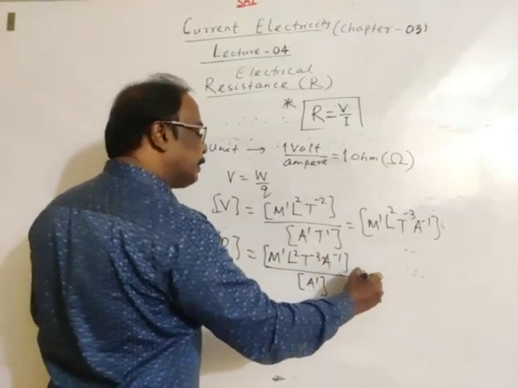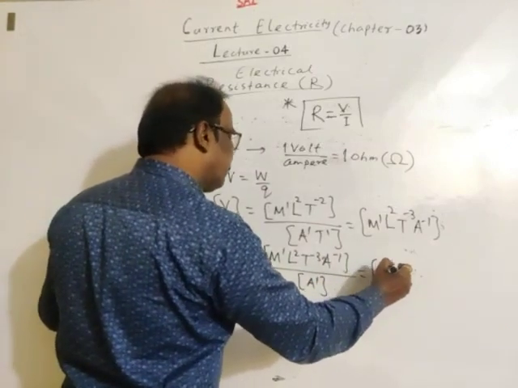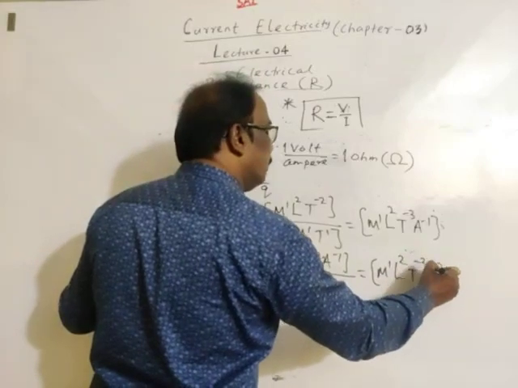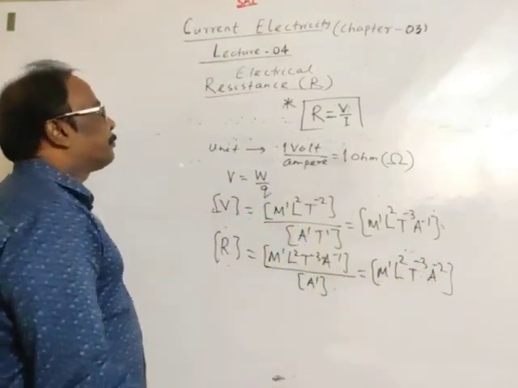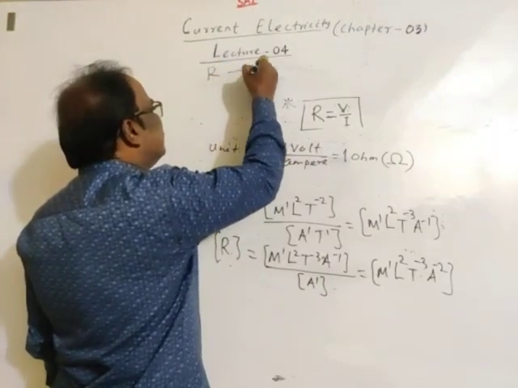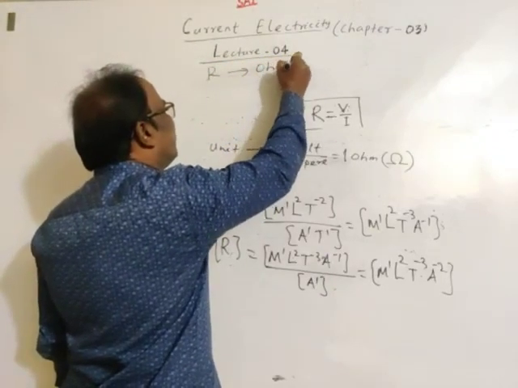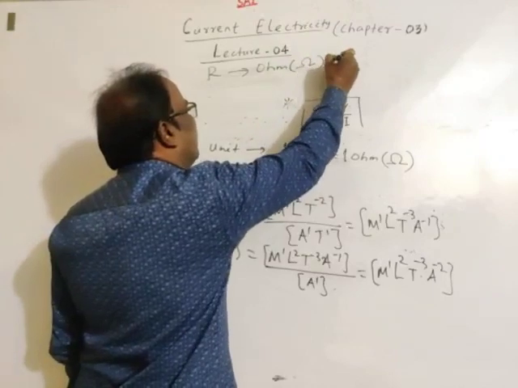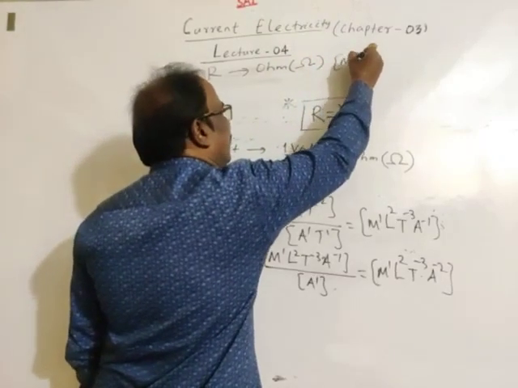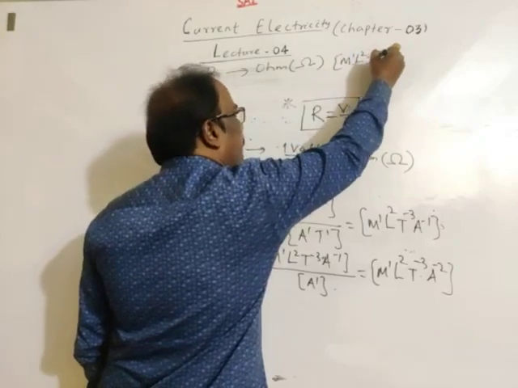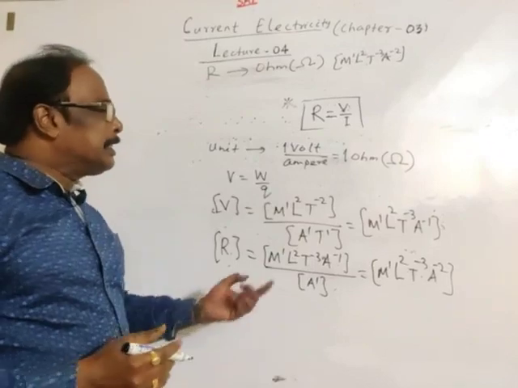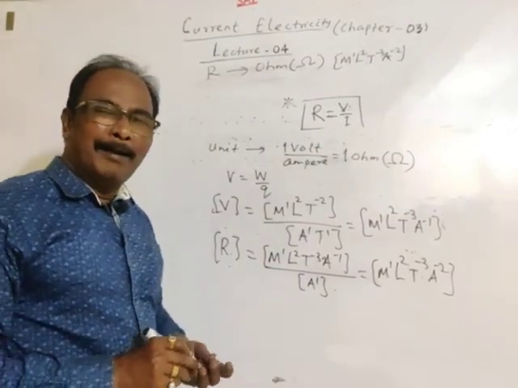So the dimensional formula of resistance is M^1 L^2 T^-3 A^-2. The electrical resistance unit is ohm, and the dimensional formula we get is M^1 L^2 T^-3 A^-2. So this is the fundamental idea on resistance.